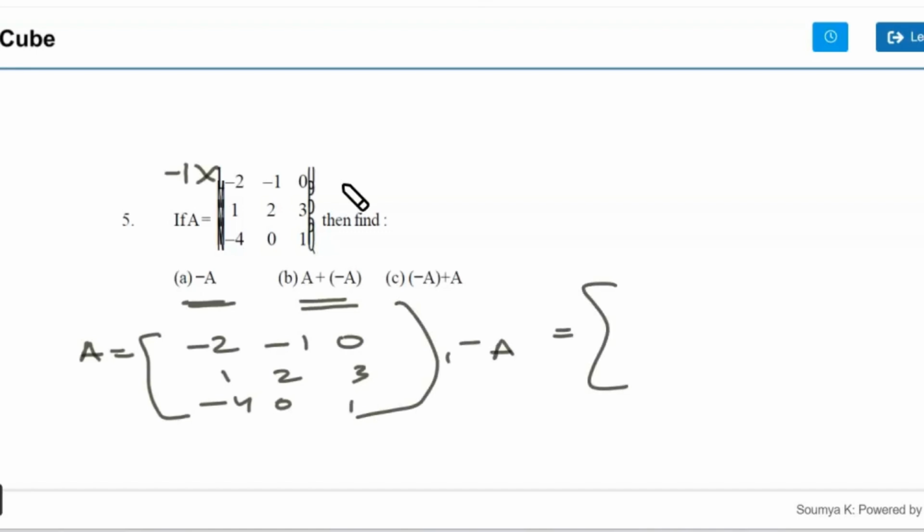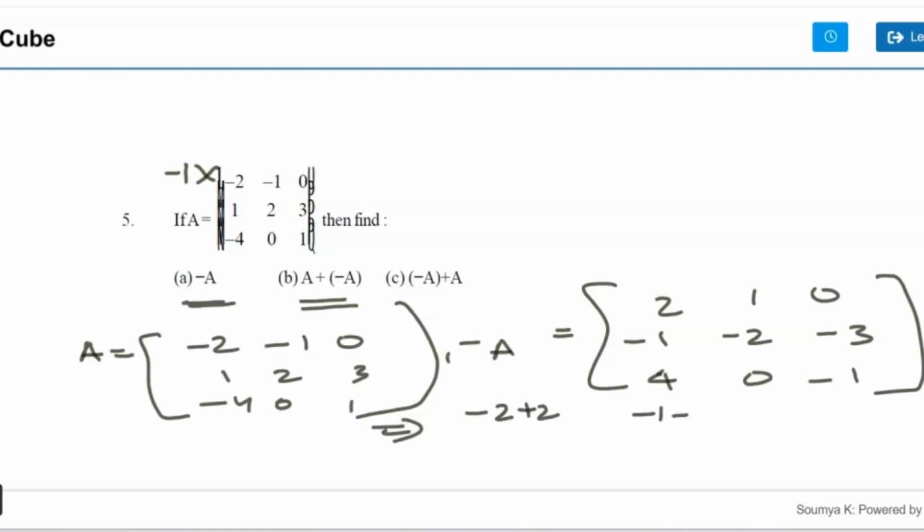Okay, so 2 1 0, -1 -2 -3, 4 0 -1, which implies add both of them. So it is -2 plus 2, -1 plus 1, 0, 1 plus -1. It is plus here, so it should be 1 plus -1. So here it is 2 minus 2, 3 minus 3, -4 plus 4, 0, 1 minus 1.